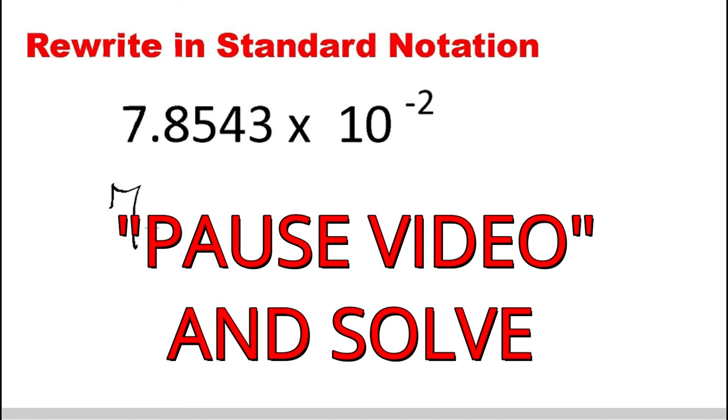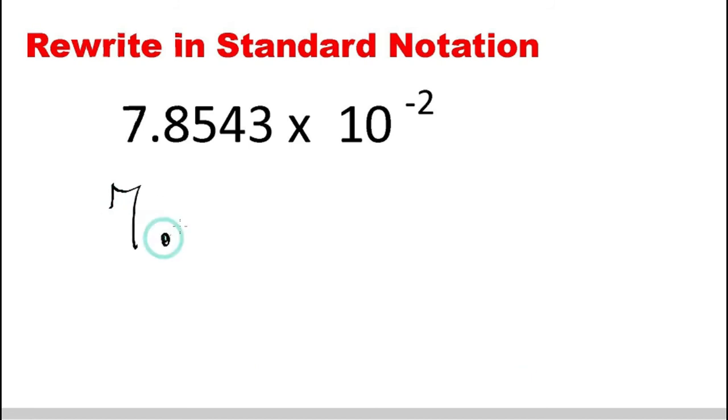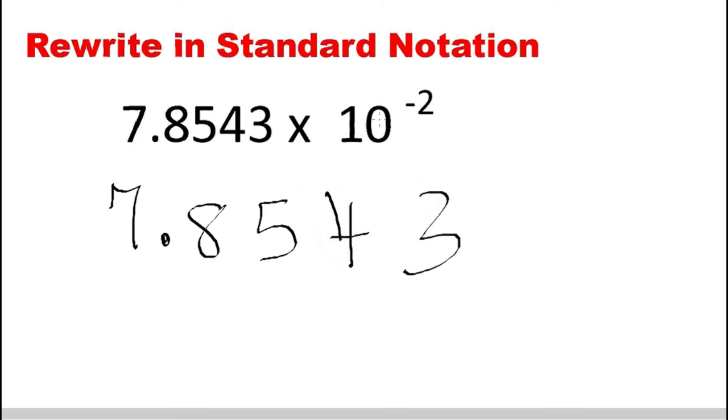We have 7.8543 times 10, but if you notice, it says to the -2. So like before, we have to find the decimal point here, and instead of going to the right 2 spaces, we're going to go to the left 2 spaces. 1, 2. Go ahead and put your decimal, and we have to put a 0 here.